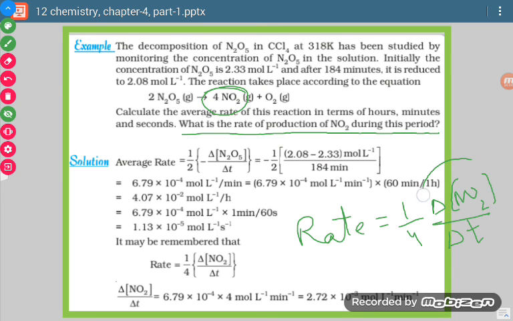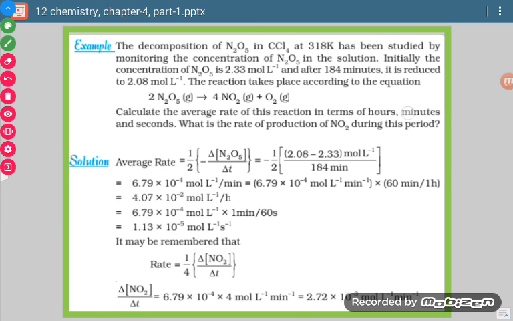Okay. Now this is to be calculated. This means the rate of production of NO2. So whatever the rate value is, that will be multiplied by 4 and we will get delta NO2 over delta T. Okay. So this way we can calculate it.